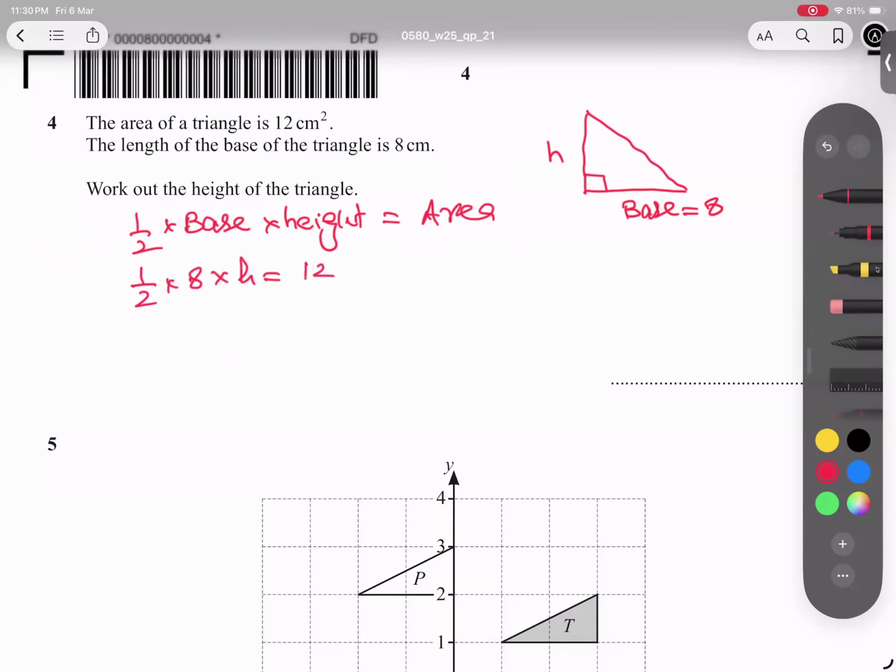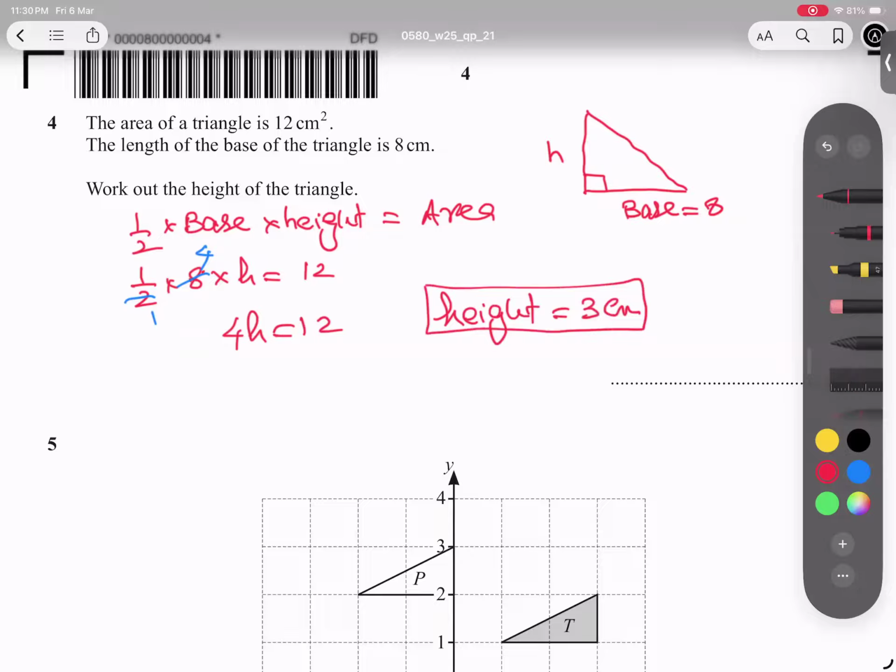So I'm writing here 12. This cancels out, 2 ones are 2, 2 fours are 8, and this 4 multiplies with h. You can see here 4h is equal to 12. 4 will divide, so height turns out to be 3 centimeters. I hope the concept of the question is very clear.